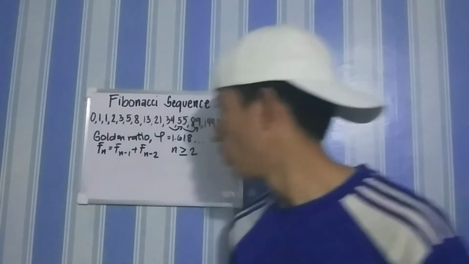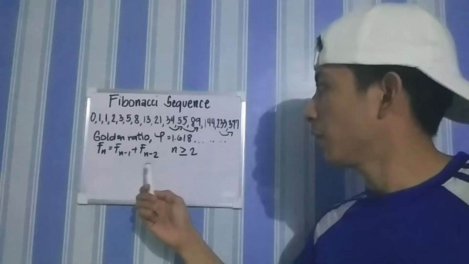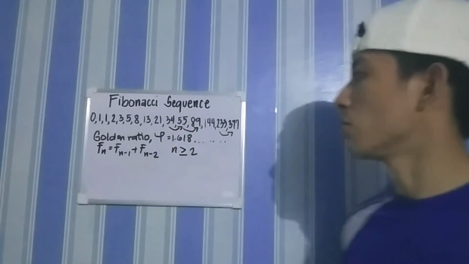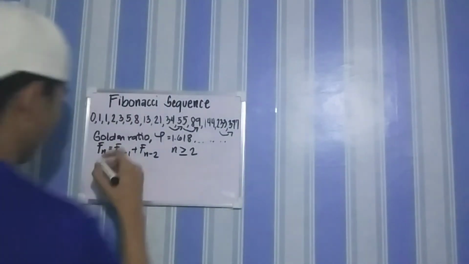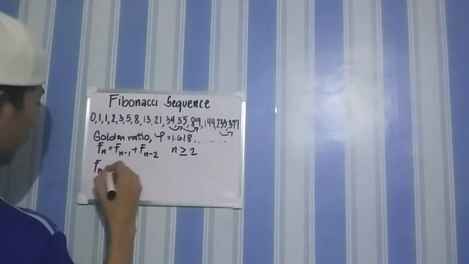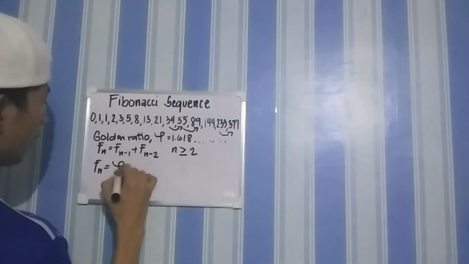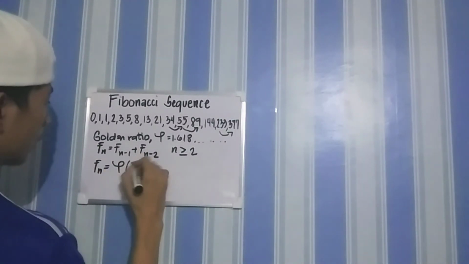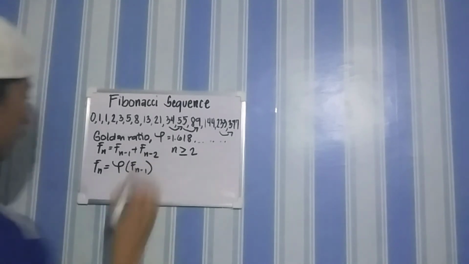So for us to determine the next number using the golden ratio, f sub n is equal to the product of phi times f sub n minus 1.